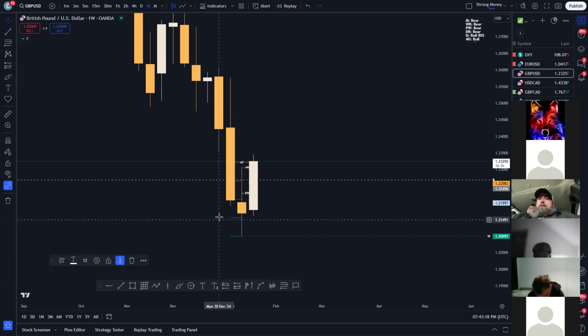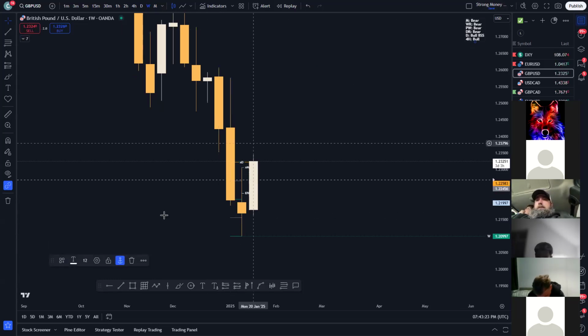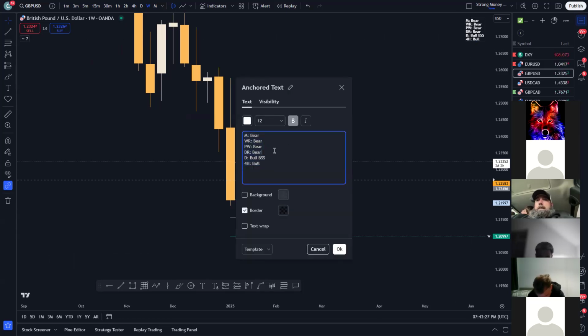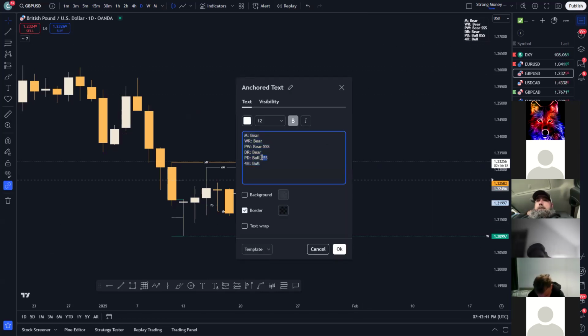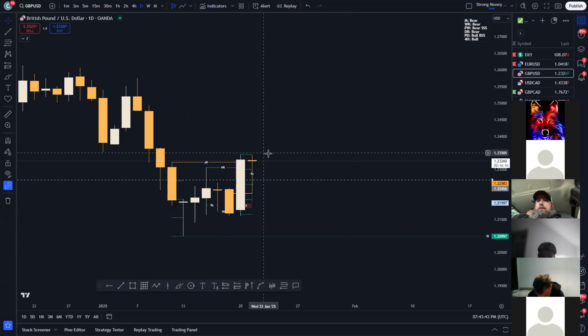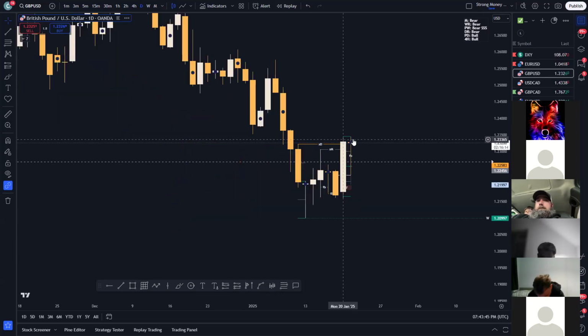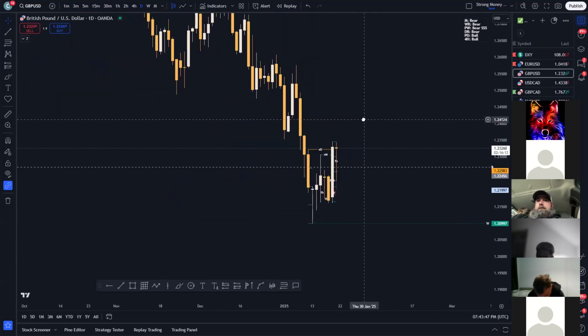And then previous day was bearish with a sell side sweep. Previous day we had a bullish candle, nice strong bullish candle. We're printing bearish right now, so again, we're setting up potentially for a good position.